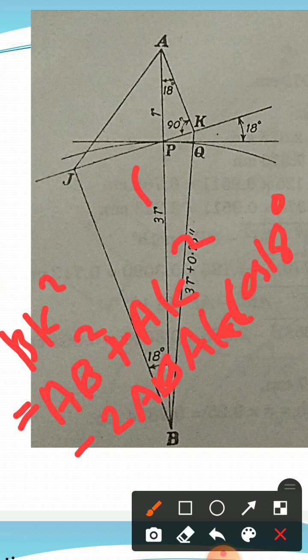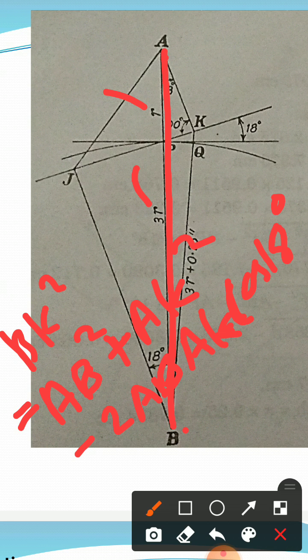AB is nothing but the addition of these lengths, so 3r plus r is AB. So AB square is nothing but 4r square.